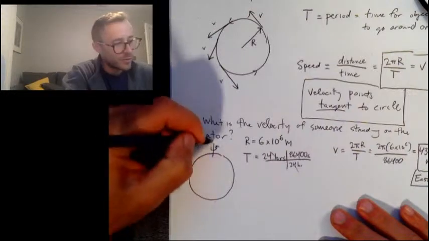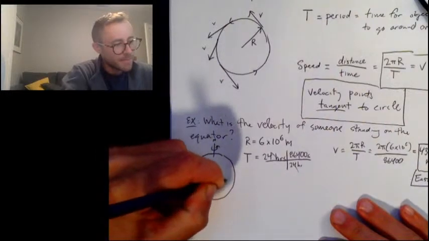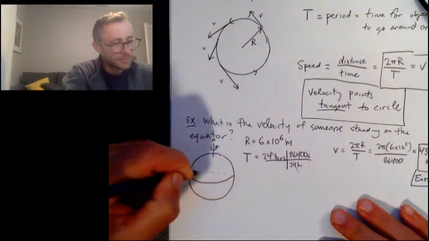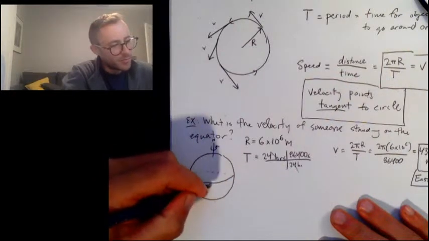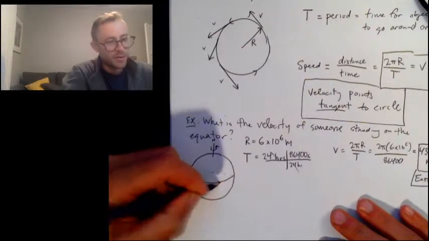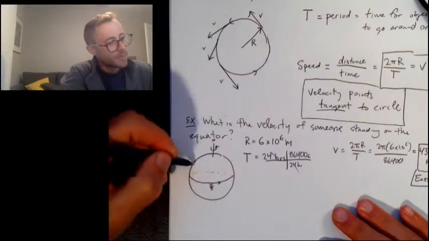So here's the North Pole, and here's the Earth's equator. Okay. So someone standing on the equator, they're whipping around like that.